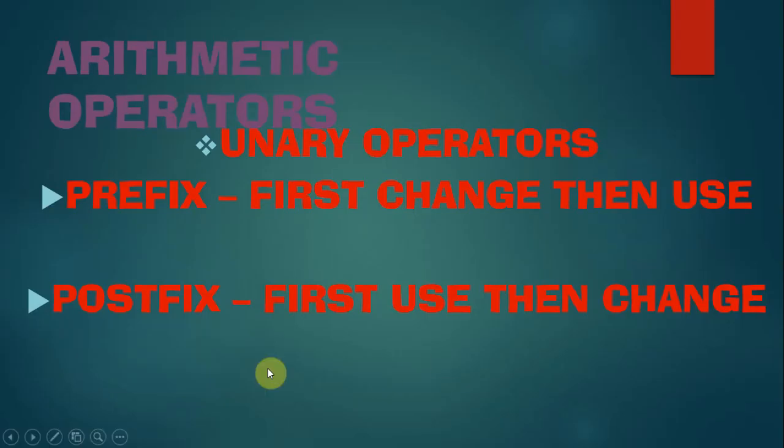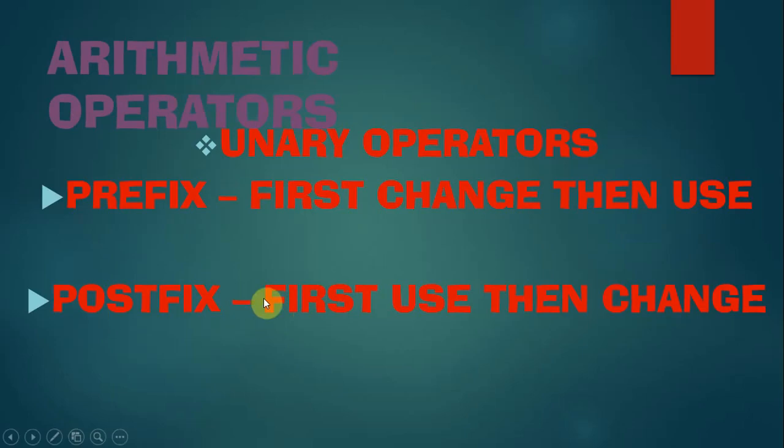In postfix, think of the telephones we used to have; some of you must be having telephones at home. It says first use. In our telephones, we use the phone the whole month, and by the end of the month, a bill comes to our house, and we have to pay the bill.